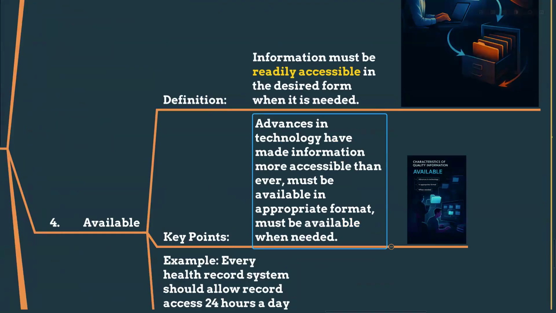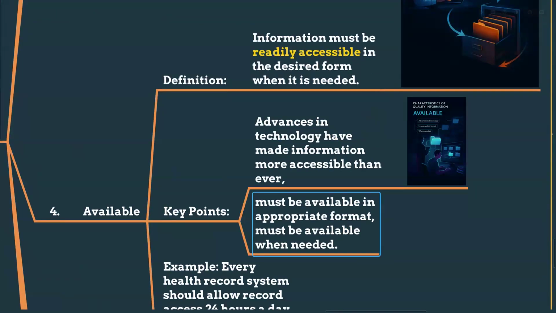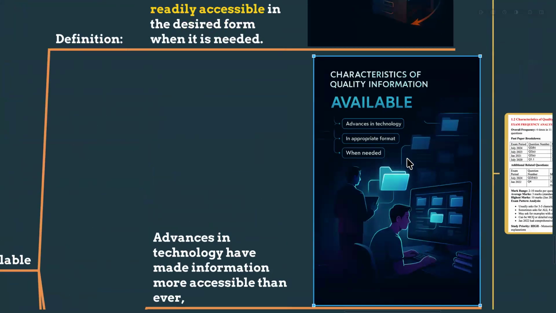Advances in technology have made information more accessible than ever, and it must be available in an appropriate format, available when we need it. Sometimes we need PDF, sometimes we need Word, sometimes we need Excel copies, right? So it should be available in the format the manager or the decision maker needs, right?